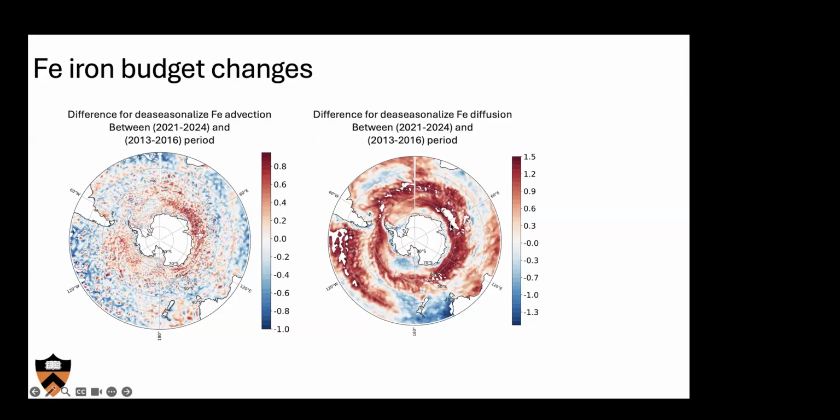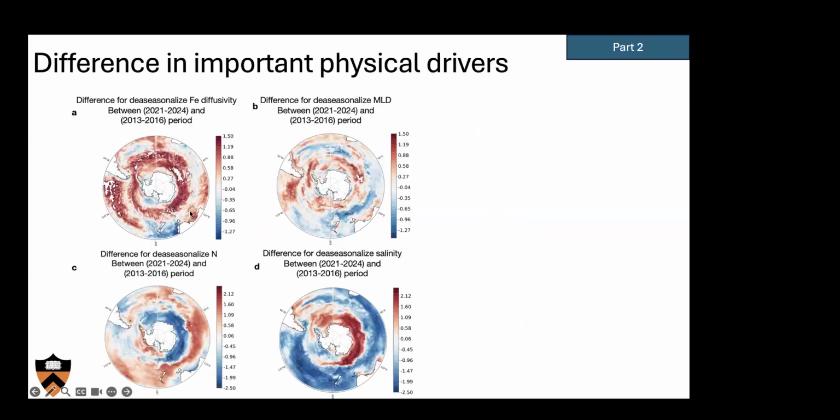This pattern here is very compatible with what you see from chlorophyll in the BSOSE, rather than this, which is instead way more localized. Now, this is the same figure I showed for the iron diffusion, but we want to relate this in particular to physical changes. So this in panel B is the same difference in mixed layer depths.